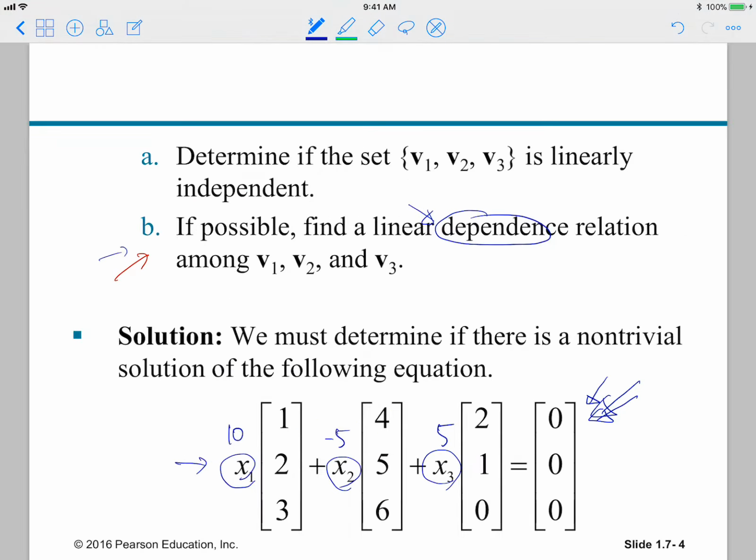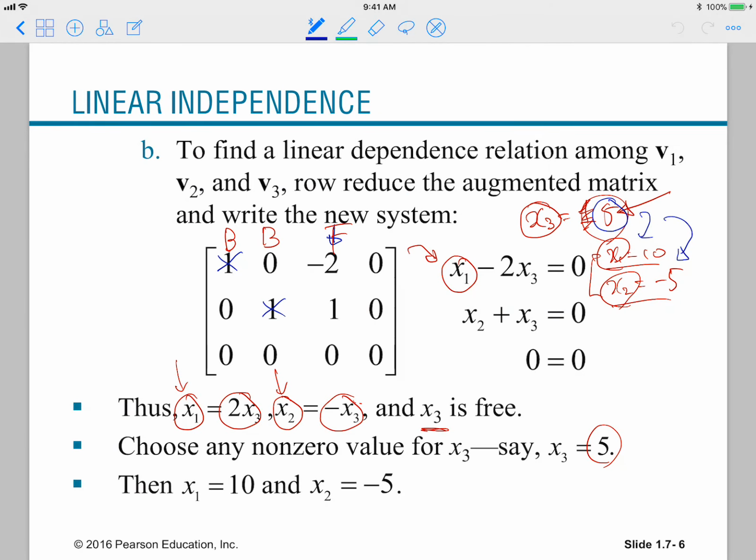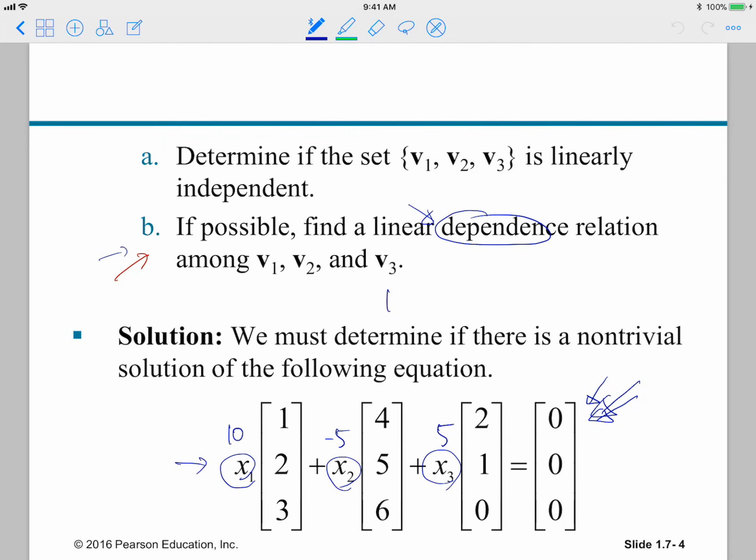And then we can write it as 10v1 minus 5v2 plus 5v3 equals 0. Okay, so that way we can find a non-zero solution that satisfies this homogeneous linear system.